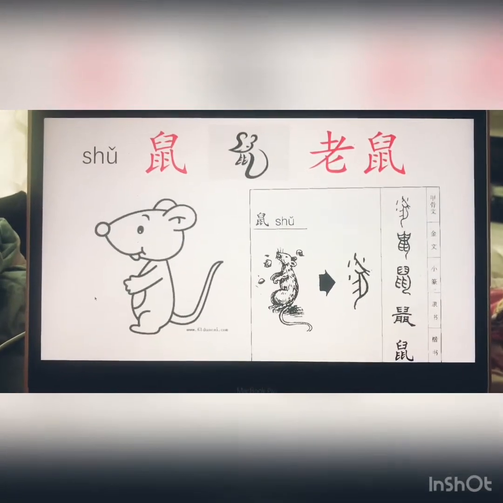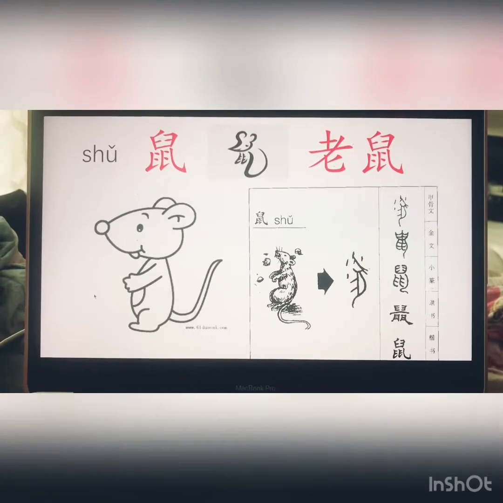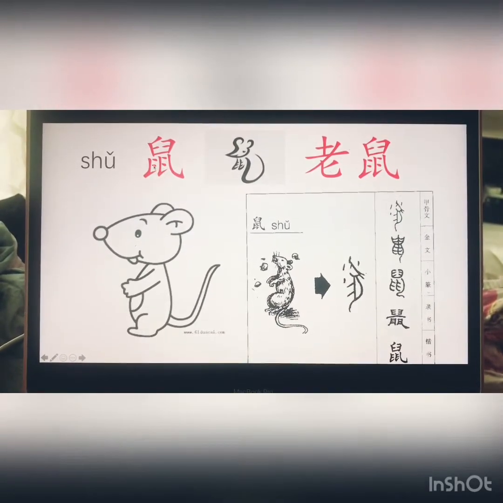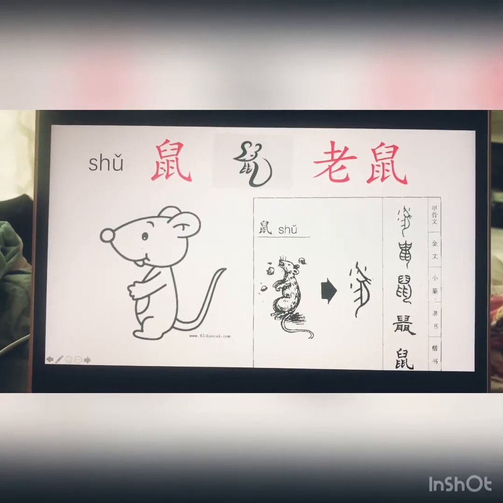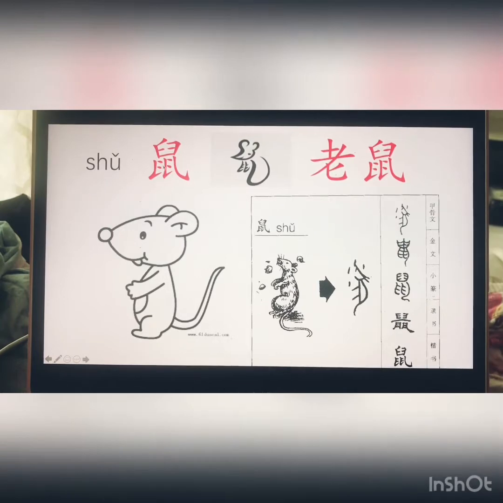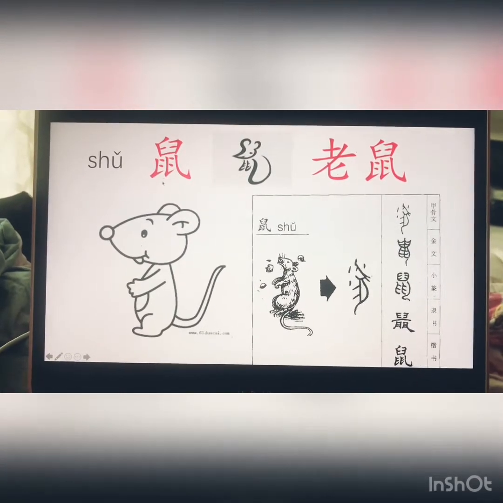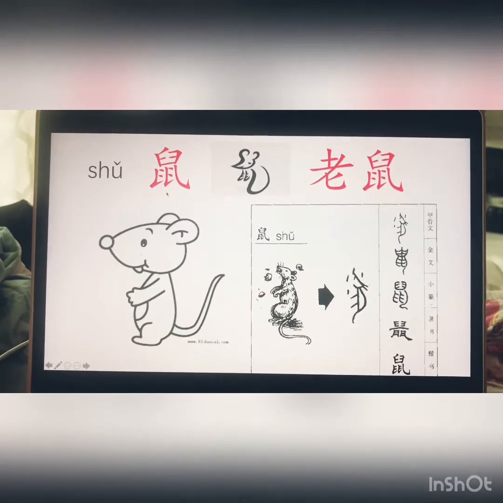So look at the 鼠 here. The character is so complicated. But how can we remember this character? You can look at here. Can you see my pointing? Here 1 point, 2 points, and 3 and 4 points here. Maybe it looks more like the rat's teeth.